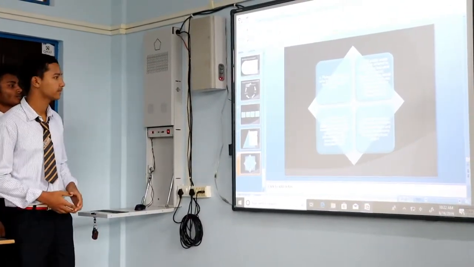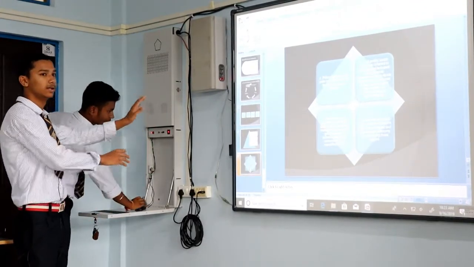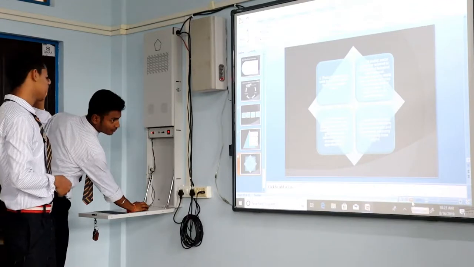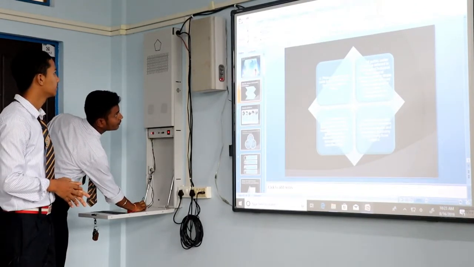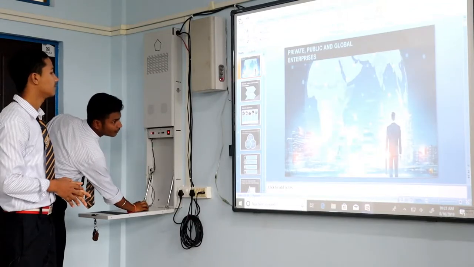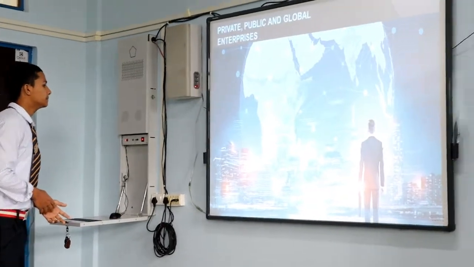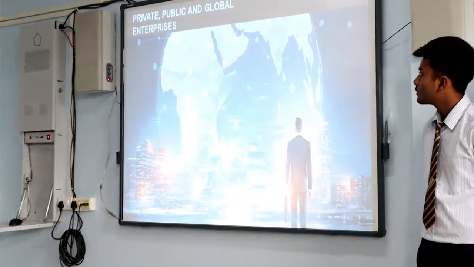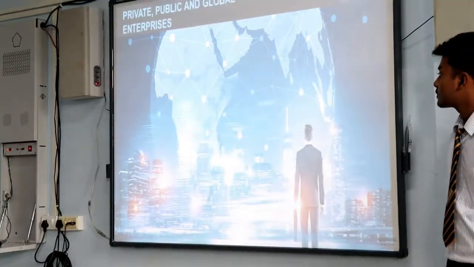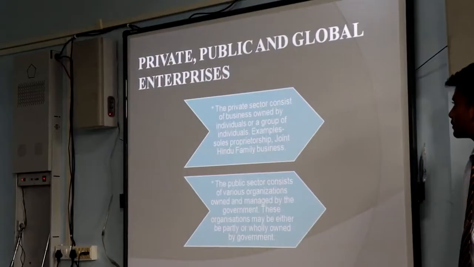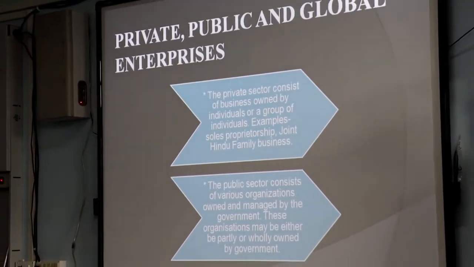So we want to show the diagram. So here we go. Here is a public, private and global enterprise. These are the two sectors, private sector and the public sector.